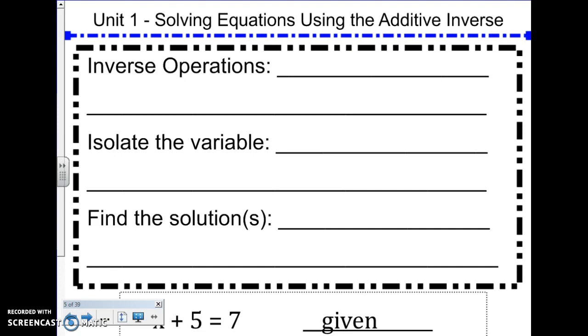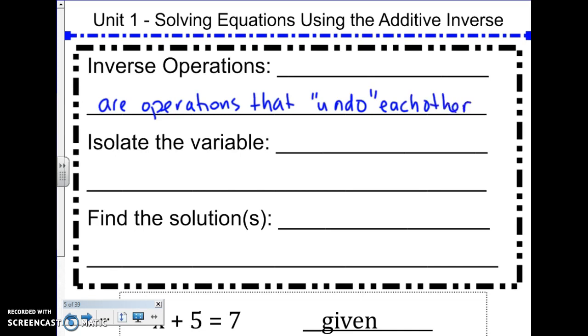So inverse operations are operations that undo each other. Or another word for that is cancel each other out.